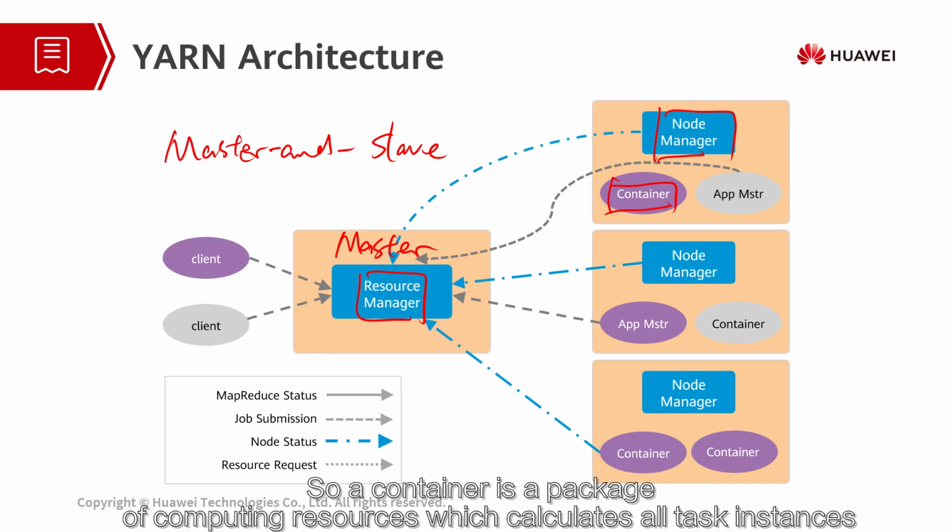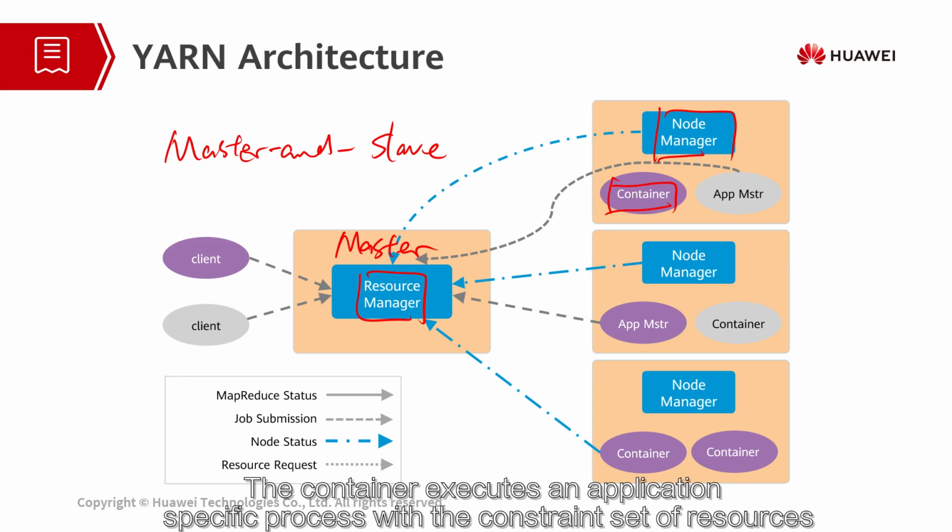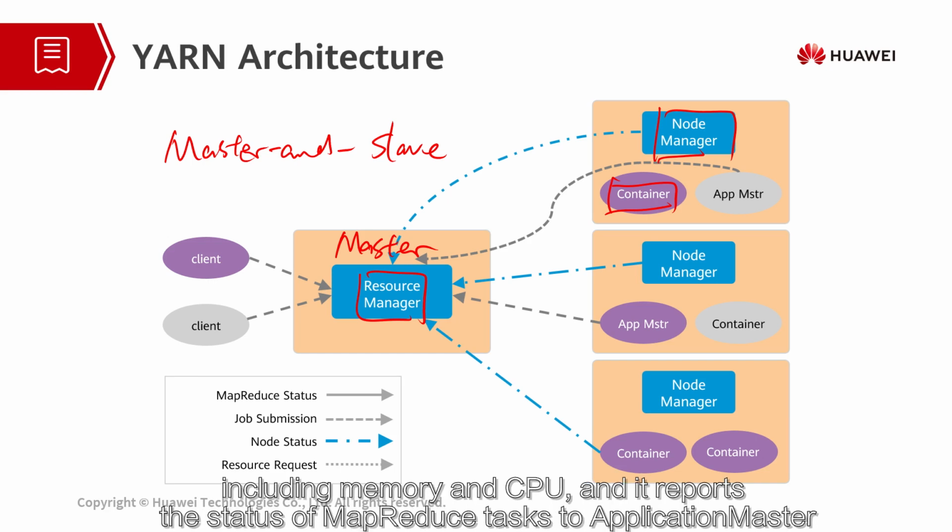So a container is a package of computing resources which carries out all task instances. The container executes an application-specific process with the constraint set of resources, including memory and CPU, as we mentioned before. And it reports the status of MapReduce tasks to Application Master.